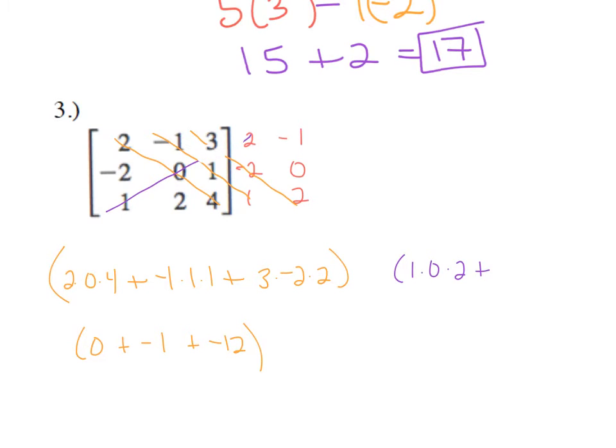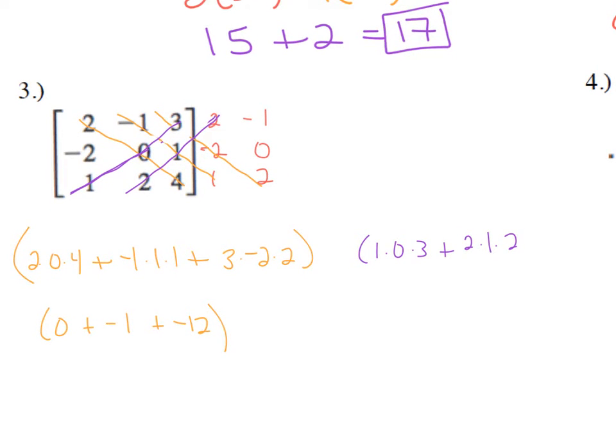That should have been the 3. 1 times 0 times 3. And 2 times 1 times 2. And then 4, -2, and 1. So let's see, that gives us 0 plus 4 plus 8. We'll subtract those from each other. So you'll have negative 13 minus 12, so negative 25.